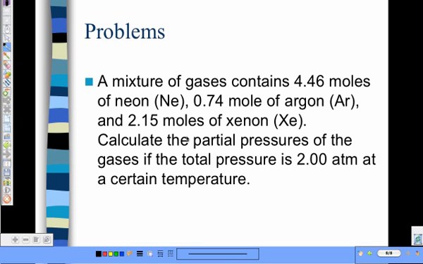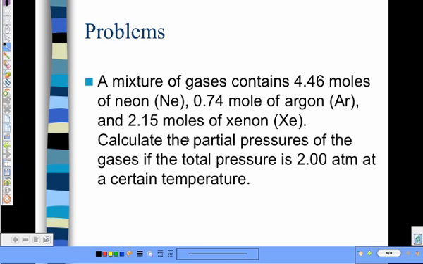So let's look at this problem. A mixture of gases contains 4.46 moles of neon, 0.74 moles of argon, and 2.15 moles of xenon. Calculate the partial pressures of the gases if the total pressure is 2 atm at a certain temperature. How are we going to do that?